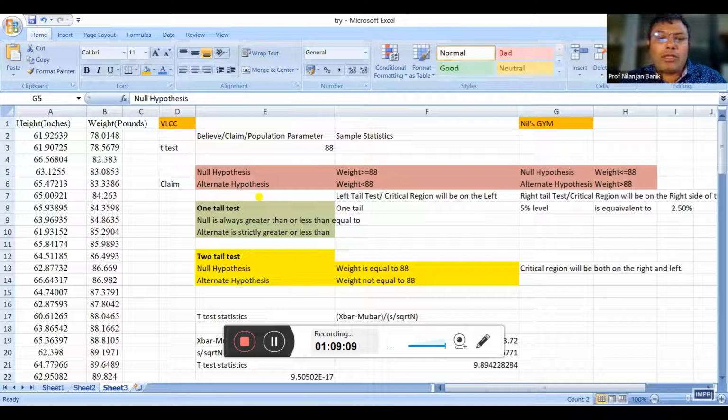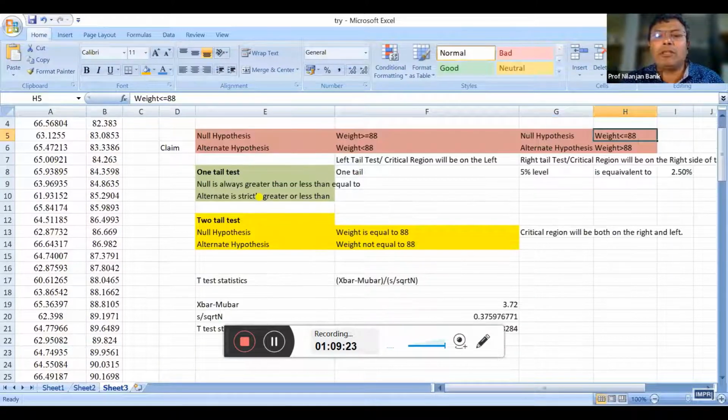Okay, so Aditi is asking, what would this test look like? Actually, this test will look like this one. My claim, I can still do the same thing. I am claiming that they are not going to lose weight.